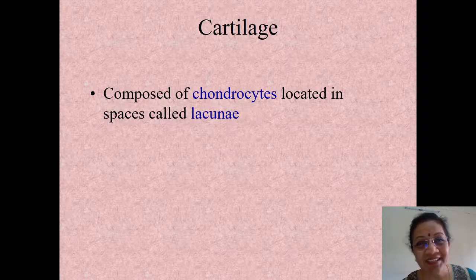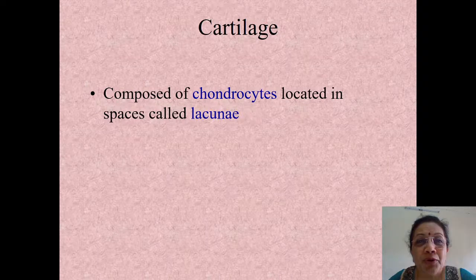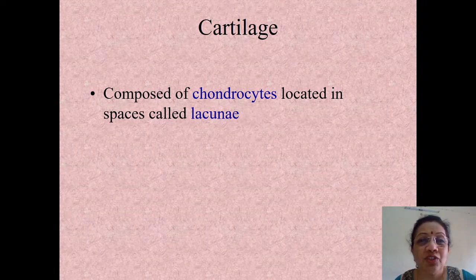I don't know how much organic chemistry you have done or you remember from your plus 2, but read up a little bit about it. There is a chemical called chondroitin sulfate which is interspersed in this matrix, and there is a glycosaminoglycan set of molecules which together make up the matrix of cartilage.